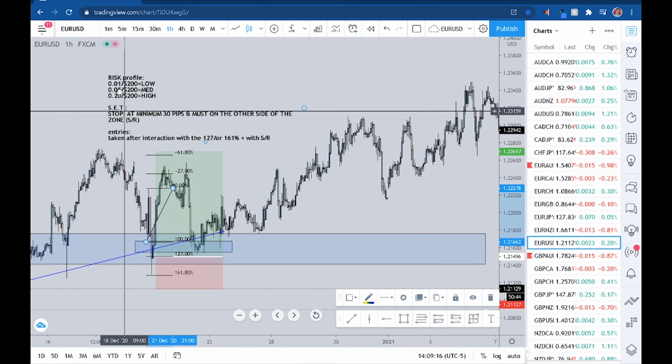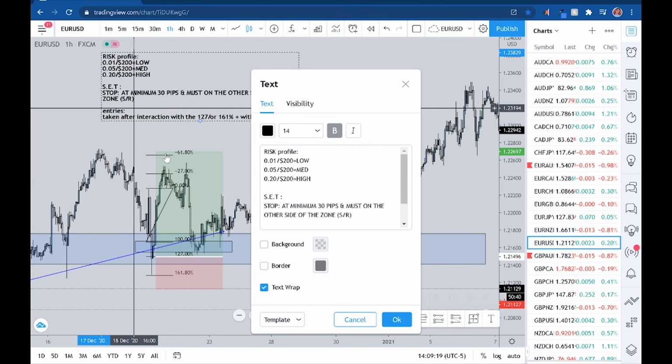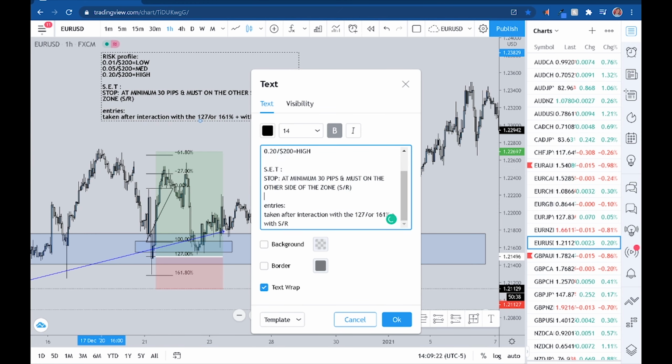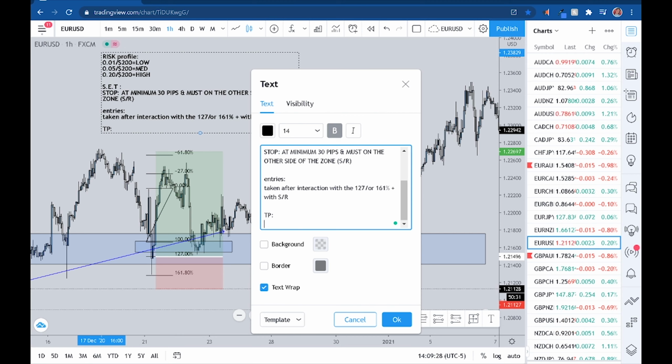So let's talk about our take profit, and that's going on with the 27 and the 61. So if we look into our TP, TPs are going to be in multiple places. So the way I go about doing this, if plus 30 pips, then cover.